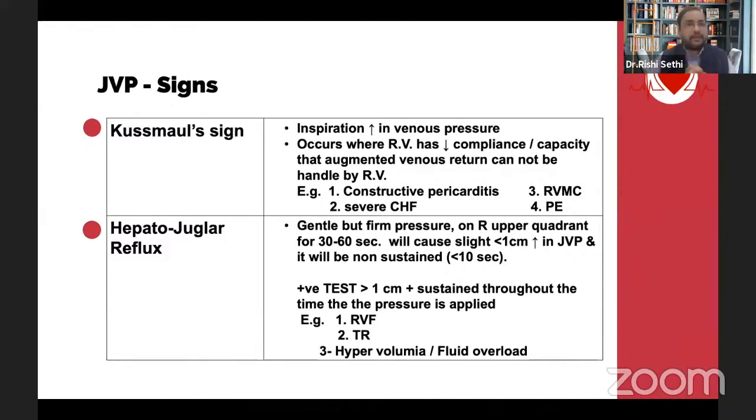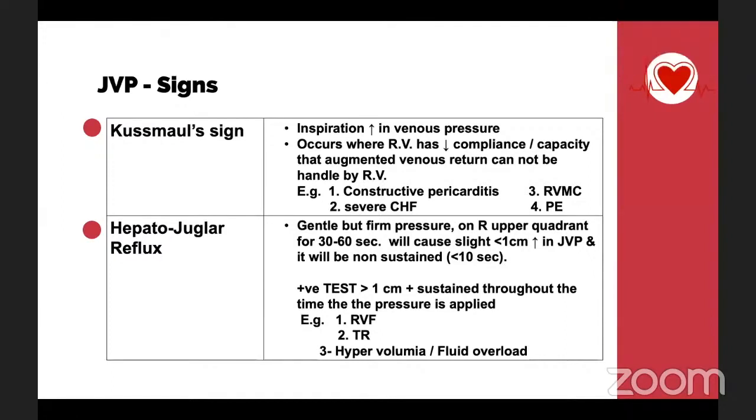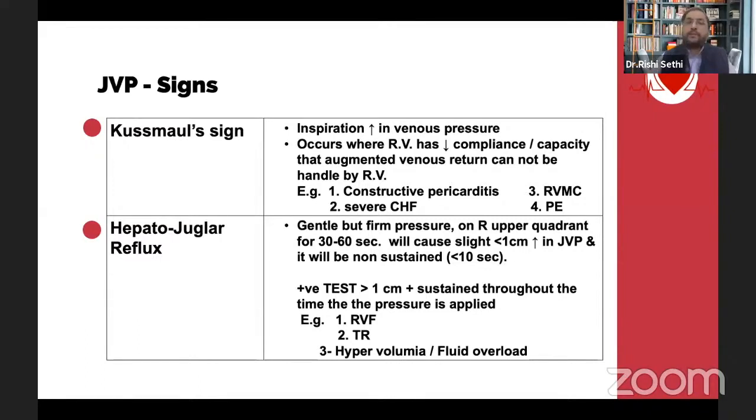Hepatojugular reflux. So it's not reflex, but it is reflux. You apply a gentle, firm pressure on the right upper quadrant or the epigastrium. Many a time in patients of congestive heart failure the right upper quadrant would be tender because of a tender liver.